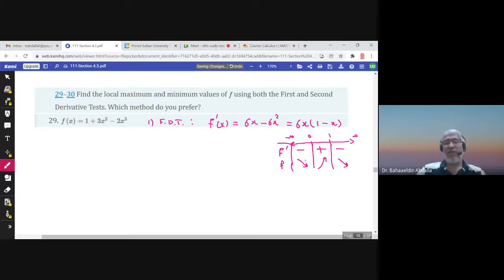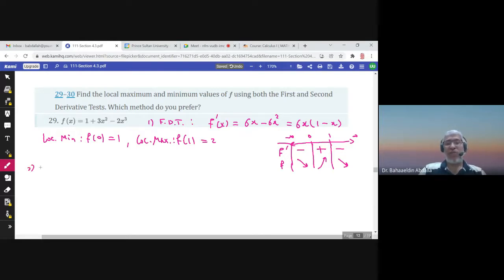So I have a local maximum at 0. Sorry, local minimum. The local minimum is f of 0, and f of 0 is 1. And the local maximum is f of 1, and f of 1 is 1 plus 3 minus 2, which is 2. So this is the first derivative test.